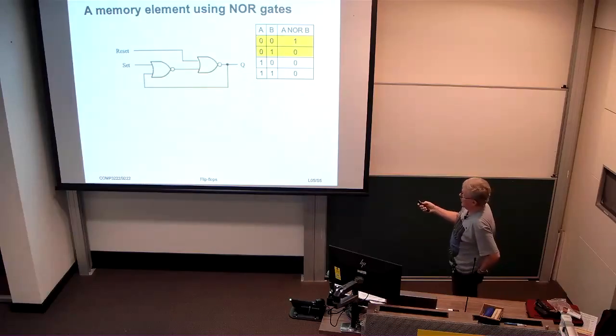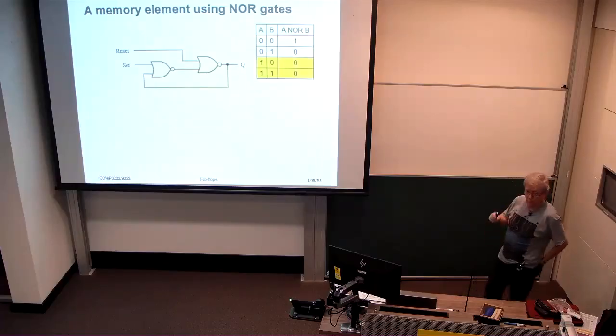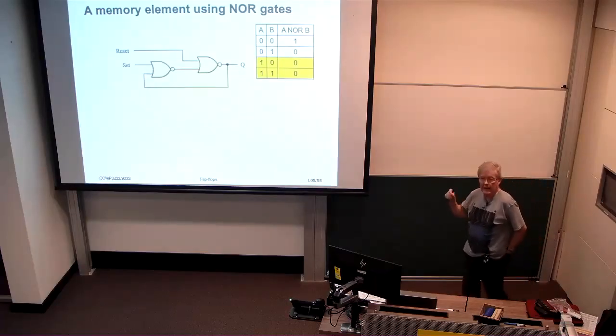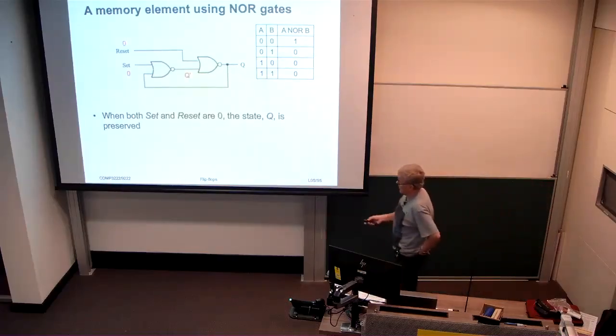So if one wire is 0, depending upon what the other wire is, the NOR gate puts out the complement of it. On the other hand, if one of the inputs to a NOR gate is 1, its output is always 0. Okay, we can exploit that situation.